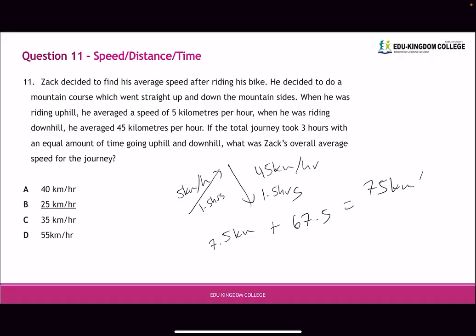Divide that by 3 hours, and that should give you 25 kilometers per hour. So he went 7.5 kilometers up, 67.5 kilometers down, and he did that in the span of 3 hours. So his overall average speed would have been 25 kilometers per hour if you divide top and bottom by 3.